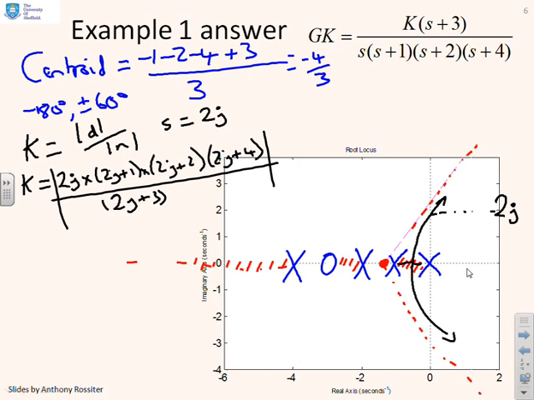Now, I can use Pythagoras to solve this. So for the 2j, I just get 2, and now I'll use the square root for the rest because I'm going to do Pythagoras. So 2j plus 1 gives me 5, that's 2 squared plus 1 squared. 2j plus 2 gives me 8, that's 2 squared plus 2 squared.